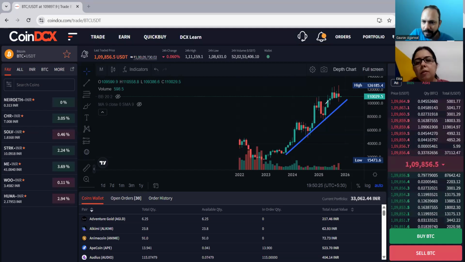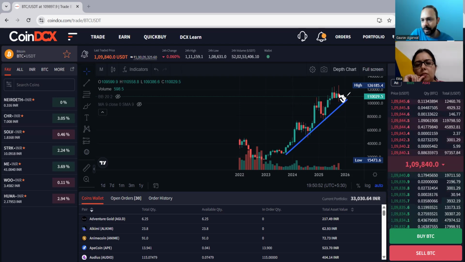Okay, so this was a rounding bottom pattern. This was a breakout, and now it is doing a retest right here. This rounding bottom pattern, right? So shouldn't there be another breakout now based on the patterns that we are seeing? It has to be there. But what Bitcoin is trying to do, I think it will consolidate like this for 2 or 3 more months until it touches this line, the blue line.